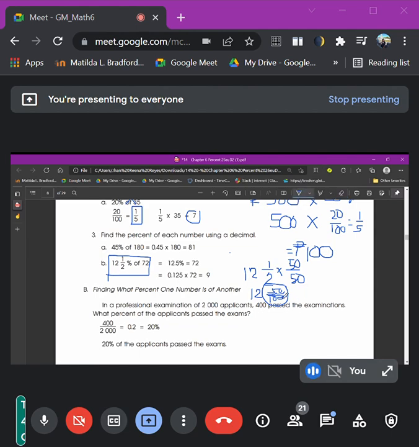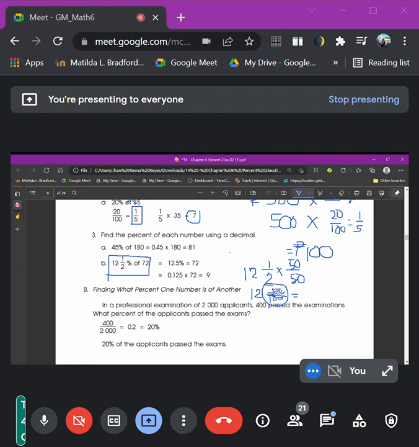So, after you got this, it became 50 over 100, your 1 half. What we'll do is change it into an improper fraction. Okay? We're going to change it into an improper fraction.